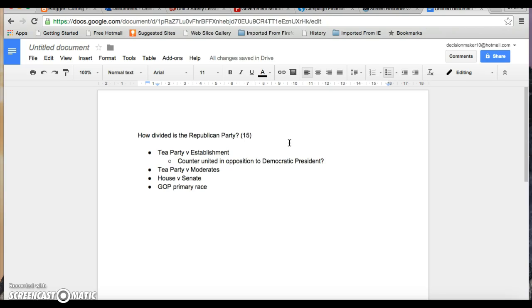Again, I could probably find some evidence to counter that one, but if you wanted to, you could drop one of these paragraphs. Let's say you don't quite understand House v Senate. You could do those 3, and then put some counters in, okay, showing Republican unity.